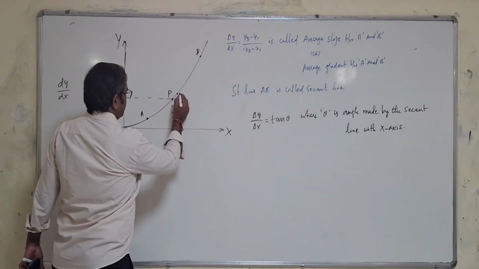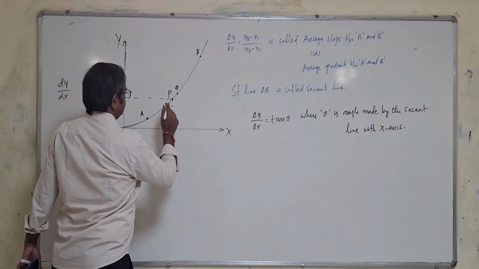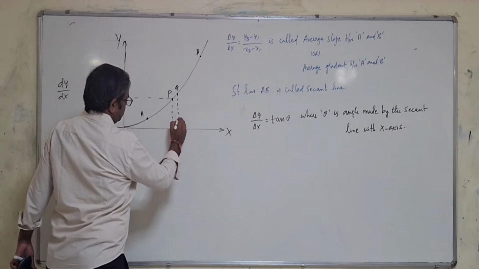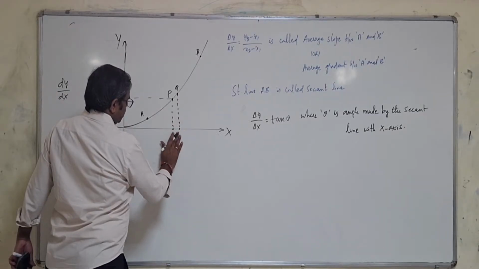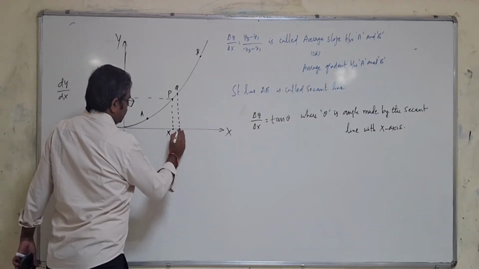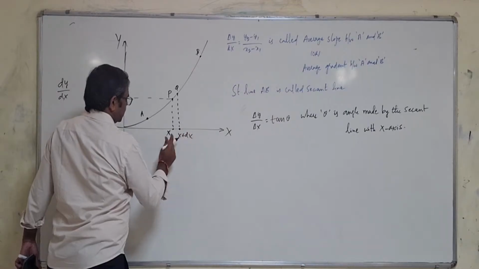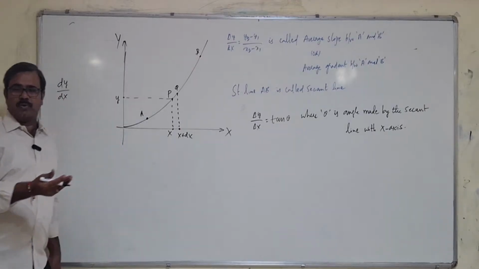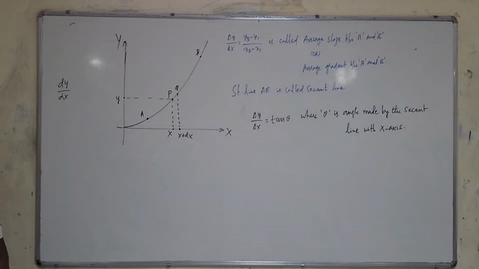So let's choose one more point close to P. There is only a very small difference between their coordinates. If the x coordinate of P is x, the x coordinate of Q is x plus dx.